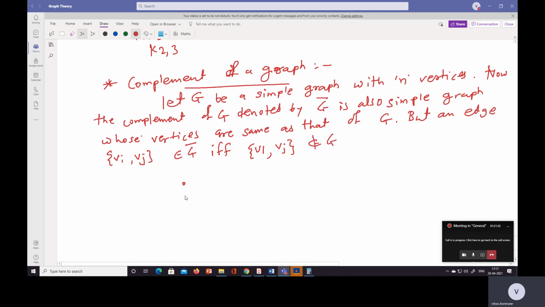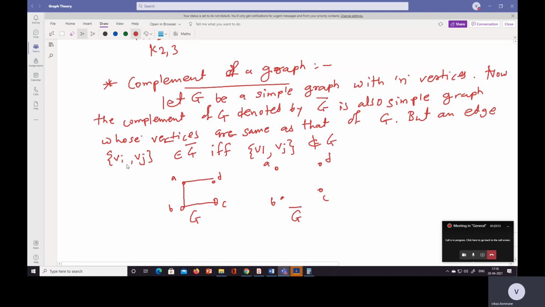That means, suppose this is a simple graph, suppose this is G. Then G bar is also using the same set of vertices, so let's call them A, B, C, D. G bar has the same set of vertices A, B, C, D. Suppose this is G and we are trying to find G bar.